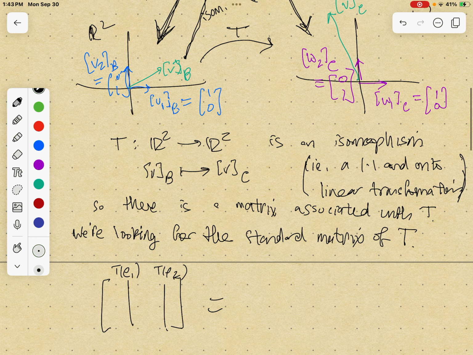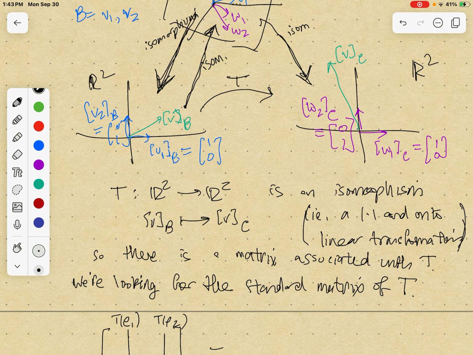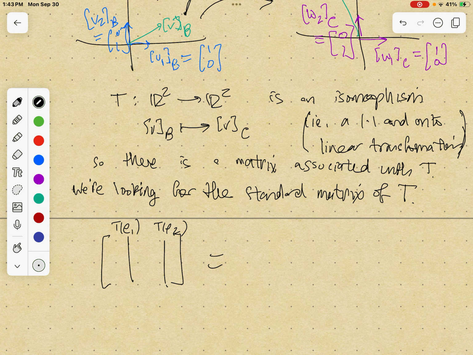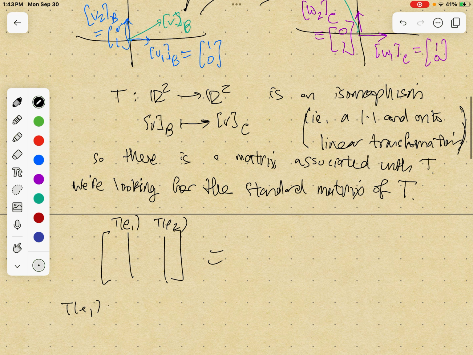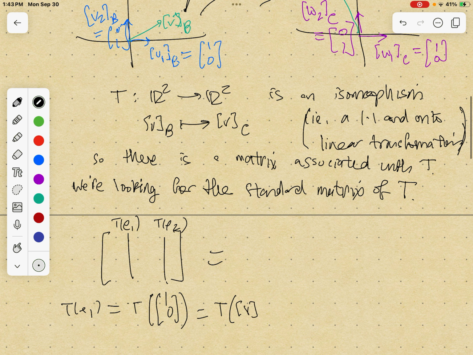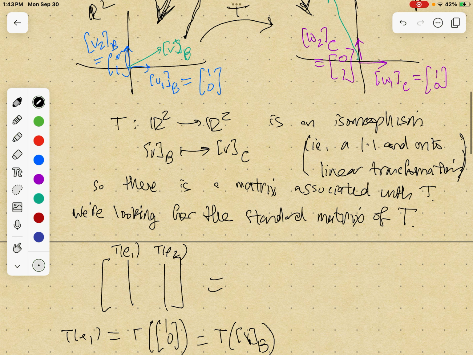Well, what's T of E1? Remember, E1 is (1, 0), and that's precisely the coordinate vector of V1 relative to the basis B. And so T of E1, that's T of (1, 0), and that is precisely T of the coordinate vector of V1 relative to B. Well, what does T do, though?